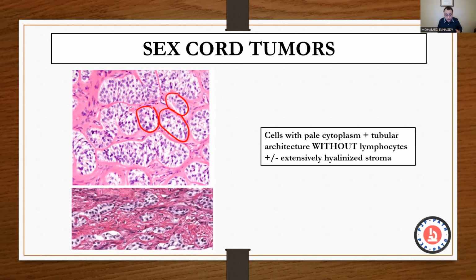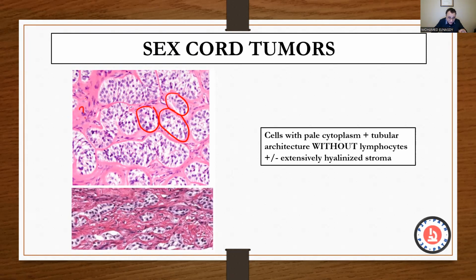If I look at that, honestly, I will say seminoma, because I see clear cells, cells with clear cytoplasm, inside structures like tubules taking over everything, with fibrous septi in between. Well, okay, this is seminoma, but watch, look at this.